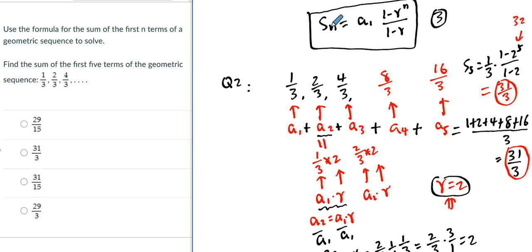Since we want to add 5 terms, the exponent is 5. And then divided by 1 minus r.